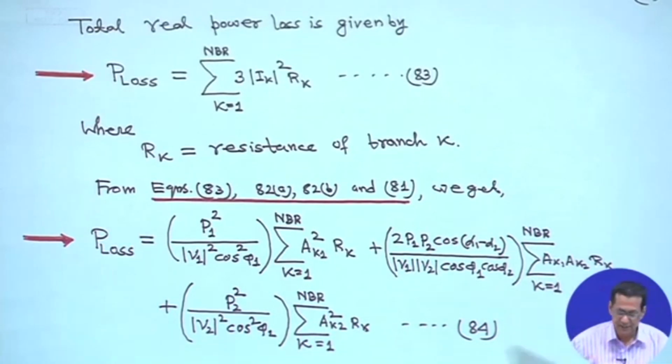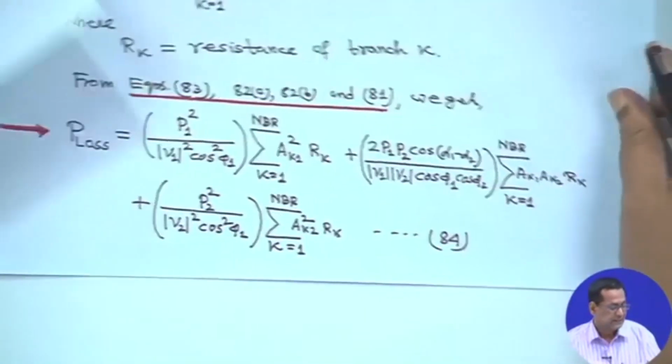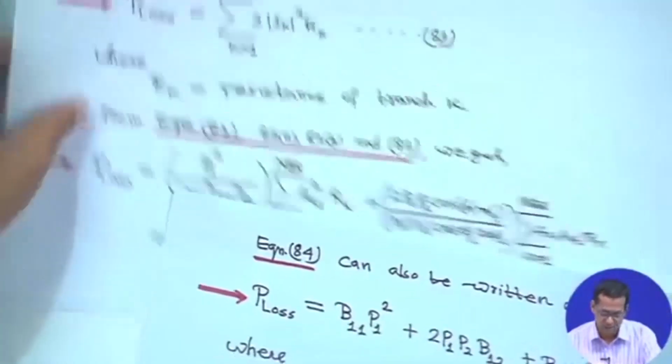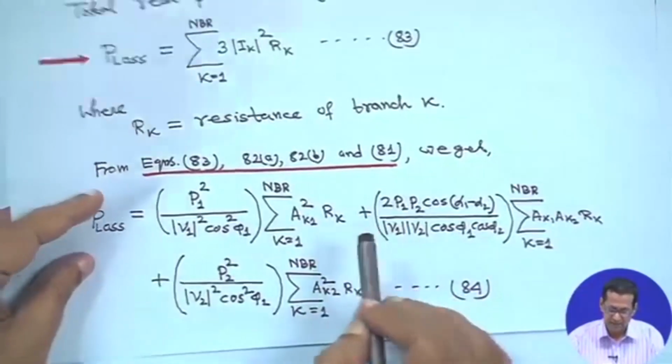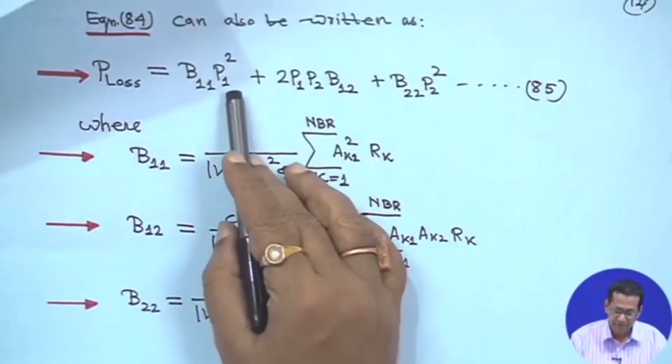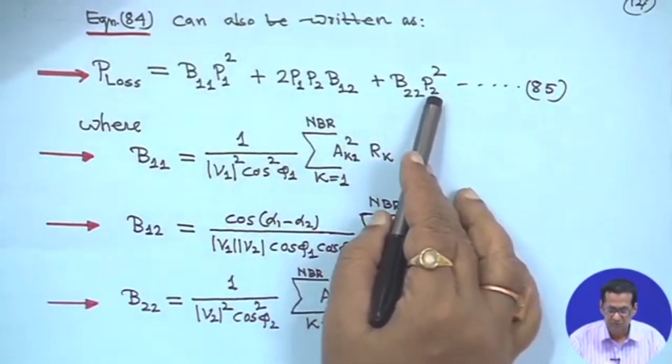Now, this equation 84 can be written as P loss is equal to B11 P1 square, that means this term, right, I will come to that, B11 P1 square plus 2 P1 P2 B12 plus B22 P2 square, right.